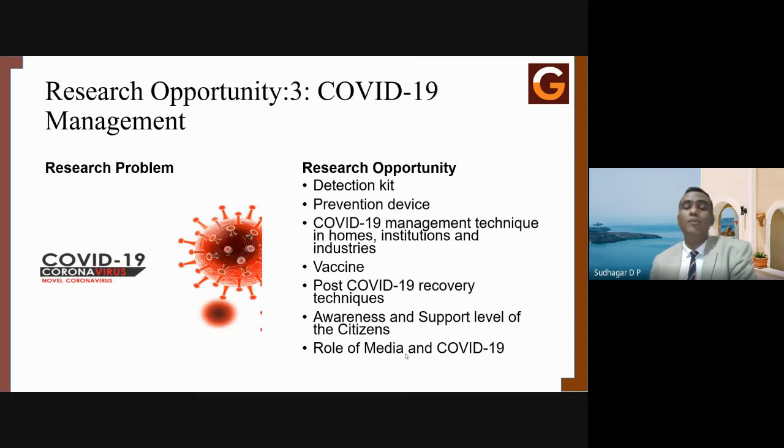Is it possible for you to come out with a vaccine which is very, very effective in developing the antibodies for effectively fighting the COVID-19 virus?